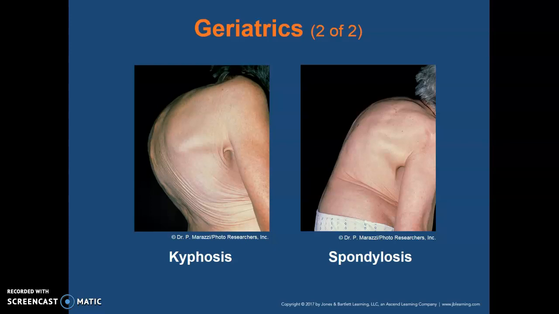So we want to make sure that we realize that. You can see the differences. The one on the left with the kyphosis has a very pronounced inward curvature. The one on the right does not have that inward curve. It's more of a straightening of the spine where there's a natural curve. Here there is not anymore.